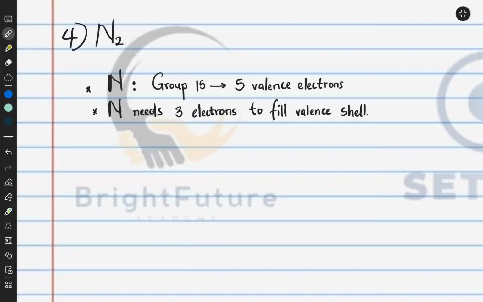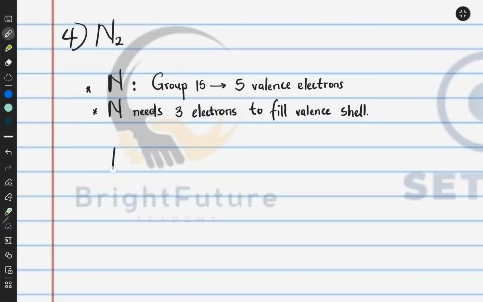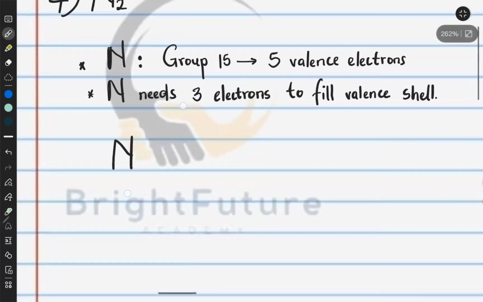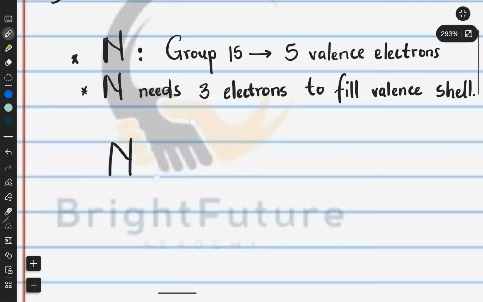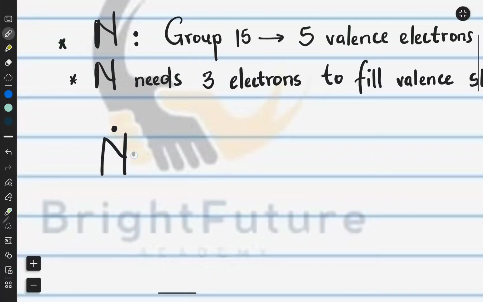So let's see how that looks. If we check N, because there are two atoms that combine in order to form that nitrogen gas molecule, it has 5 valence electrons. So that's 1, 2, 3, 4, 5.